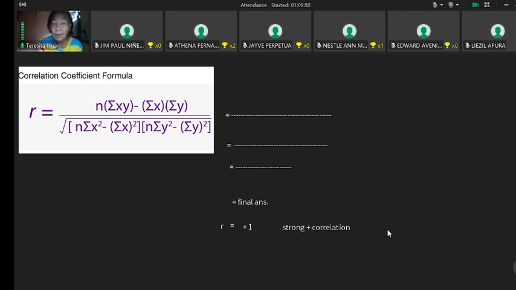So kung gamiton ninyo when you go on to the regression, maghimo na mog lain nga table. So if you will use the second equation, you have one table, two solutions, correlation and regression. If you will use the first formula, duha ka table, one for correlation and one for regression. Kasabot?